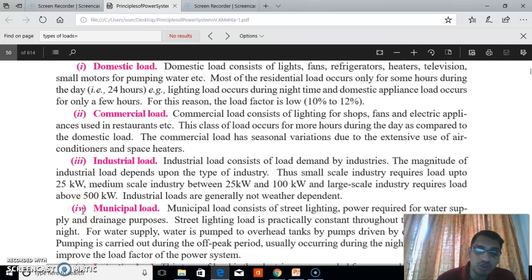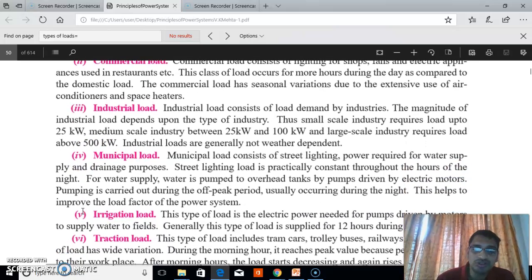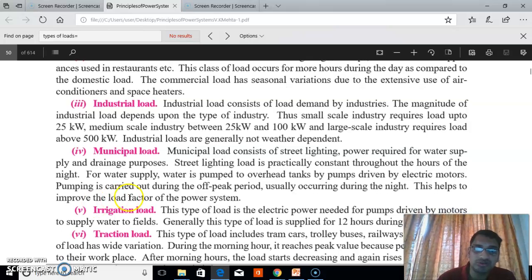Then the next one is municipal load. Municipal load is nothing but the loads of street lights, the power required for water supply, and drainage. Such kind of load is known as municipal load. One example is street lighting.